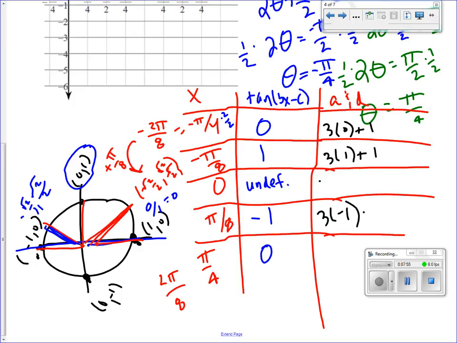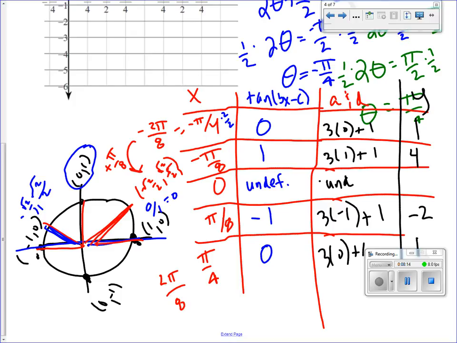I'm going to skip that one because it's not actually a number. So now I'm ready to put my true y values. So 3 times 0 plus 1, negative 3 plus 1. And this is still undefined. That's the location of the vertical asymptote.